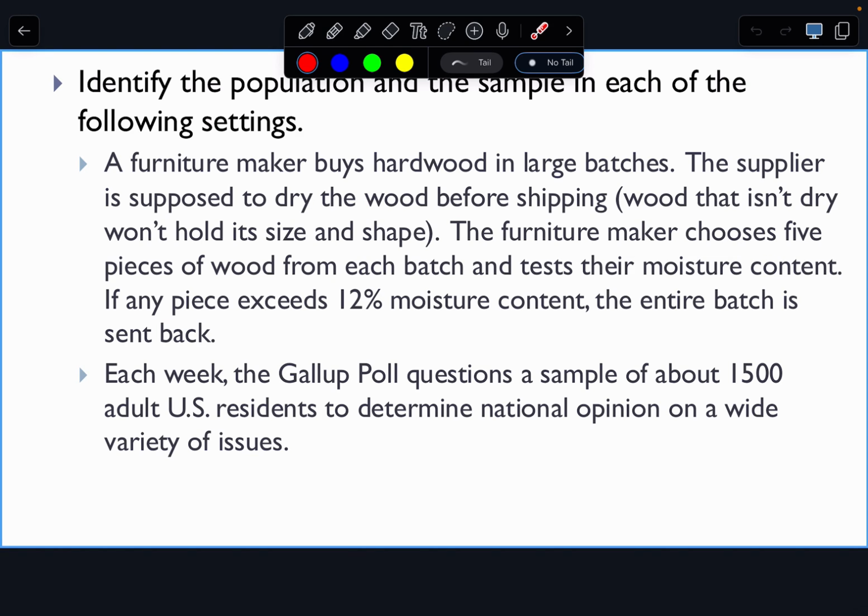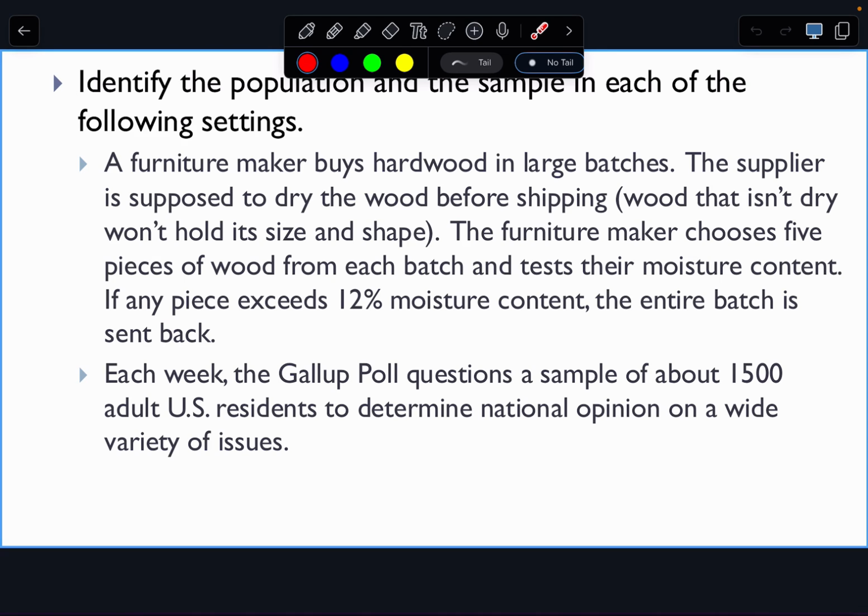So when he gets this shipment, he gets this large batch of wood. Now he's not going to sit there and test every single piece of wood, right? It's going to take too much time. For businesses, time is money. So instead, he randomly selects 5 from each batch. So there's my sample. And a lot of times in these types of situations, the sample is the easier piece to identify because they kind of tell you this is what they selected in terms of getting information from it.